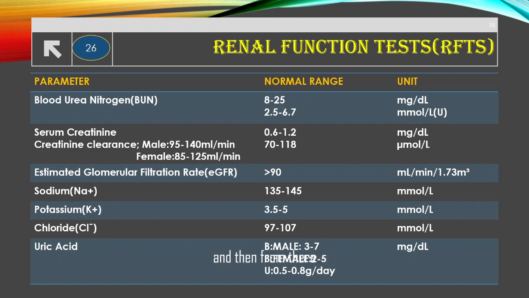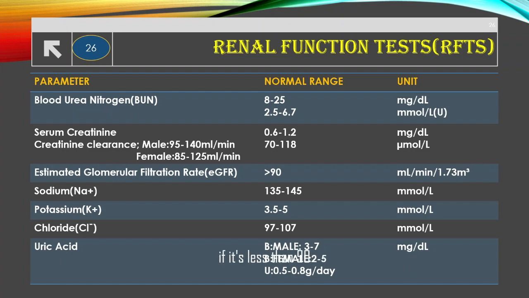And then from there we can move to what is called estimated glomerular filtration rate. So glomerular filtration rate is the rate at which the kidneys are excreting things. The normal is above 90 milliliter per minute per 1.73 meter squared of the body, which is for the area of the body. So the estimated glomerular filtration rate should always be above 90.